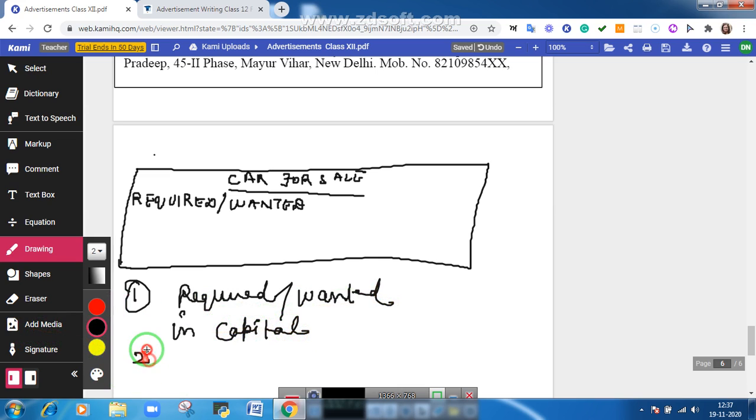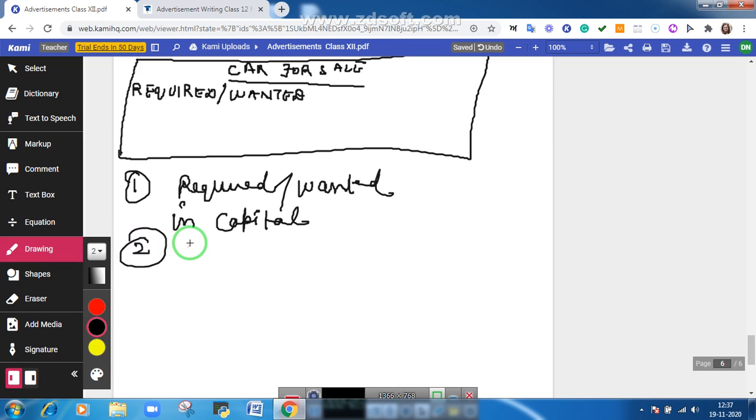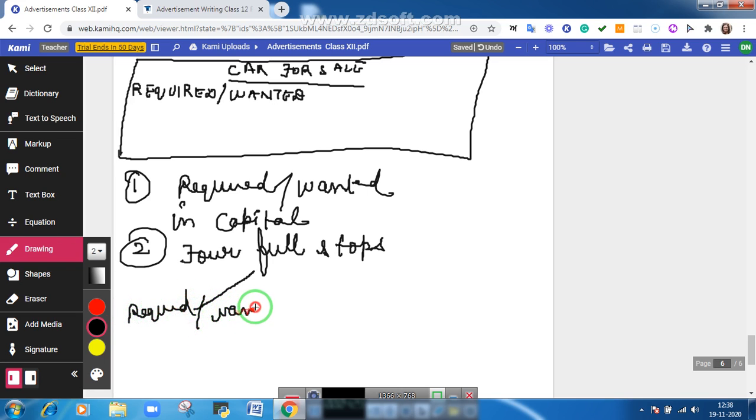All right, then the second thing that you want to do is write 4 full stops. You remember this, this is not the kind of format, but this makes you remember where you have to use full stops. So number 1, full stop, comes after you have written the required or wanted line. So what is required, full stop after that. This is the first one.